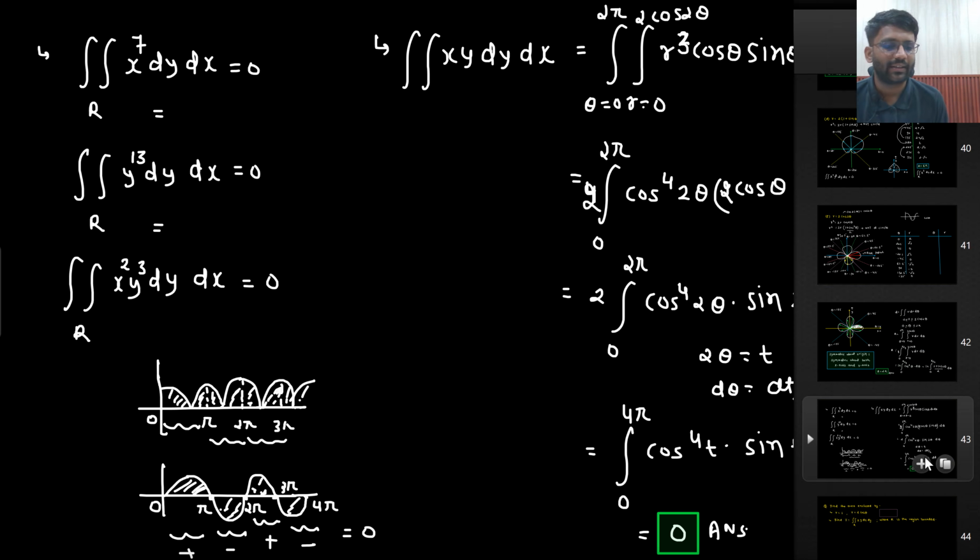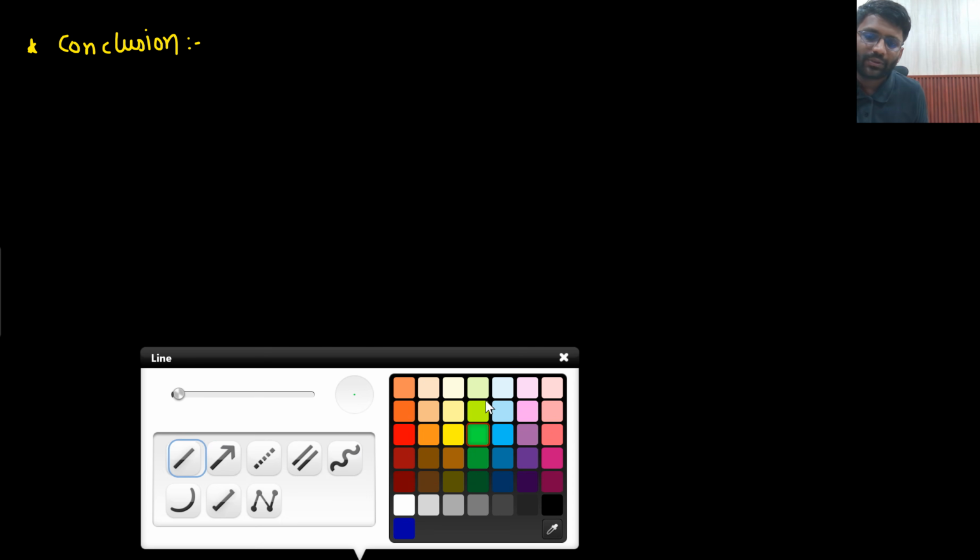So do I need to write down a conclusion? An interesting conclusion. What is the conclusion? The conclusion is that if your region R is symmetric about the x axis, then what will happen?